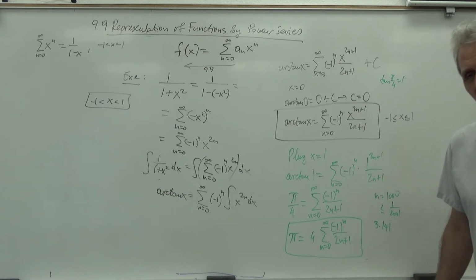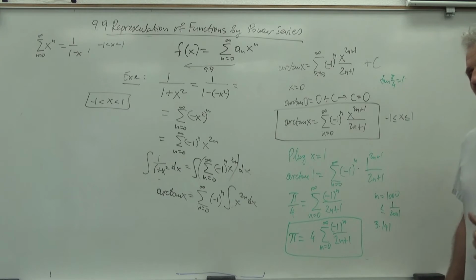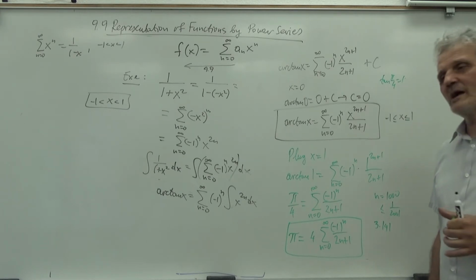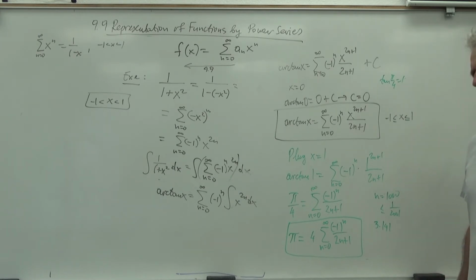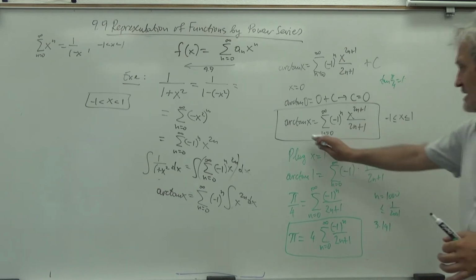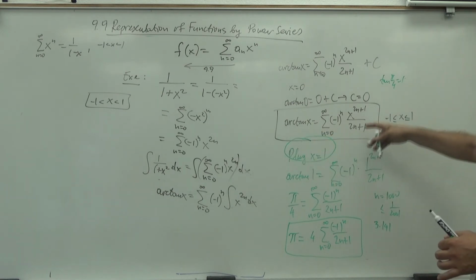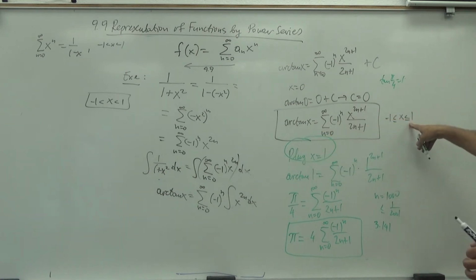If you look at the notes, you can see one very intelligent identity that Machin discovered 100 years ago. It's the one where you don't plug in 1, which is on the border of convergence, so that's why it goes so slowly.